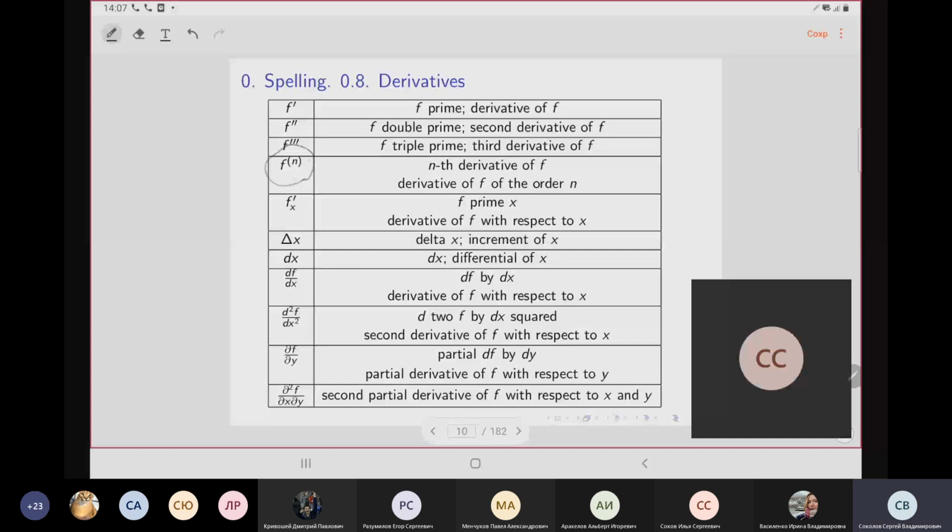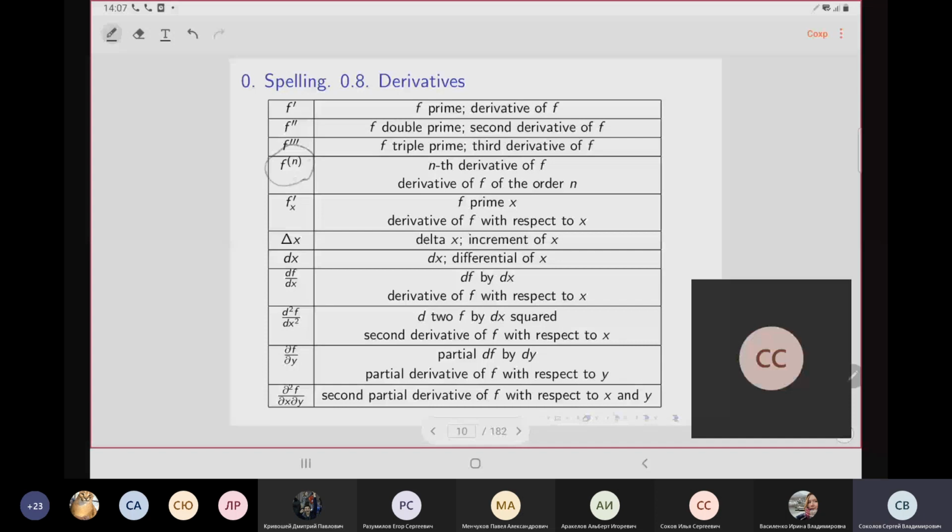Some more useful notations are increment of x or differential of x. Then if we need to write the definition of derivative, we can spell it df by dx, or derivative of f with respect to x, and so on with the second derivative or partial derivative.